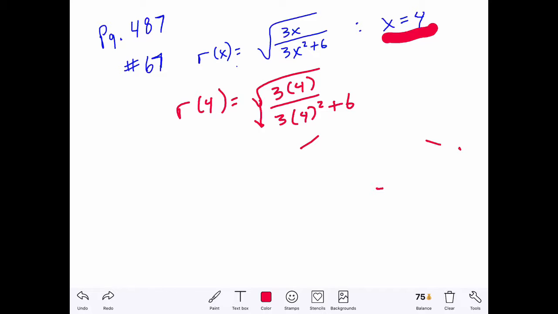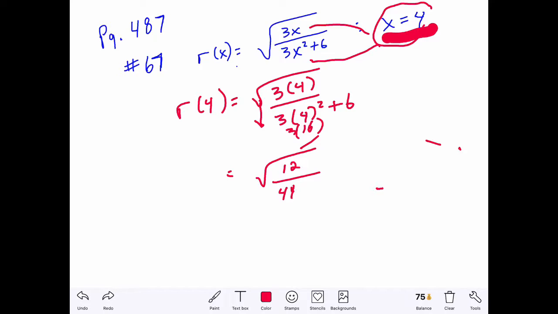Notice when x equals 4 here, it substitutes in for every x in the function, okay? So that would be the square root of 12 over 4 squared is 16, and then 16 times 3 is 48. 48 plus 6, well, that would be the square root of 12 over 54.